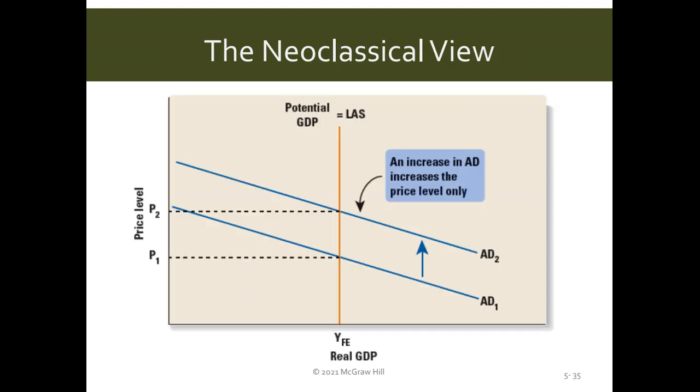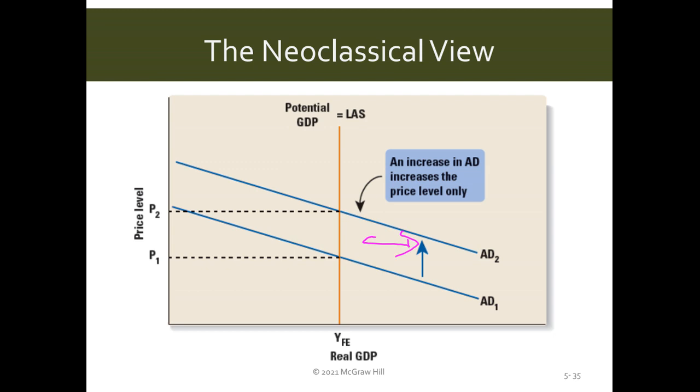This is the view using the aggregate demand and aggregate supply model. Notice we have only potential GDP, that is the long run aggregate supply curve, and they say that the economy will always be operating at the full employment level of output. Now, if you try to increase the aggregate demand curve, although it says upward, the direction should be like this.